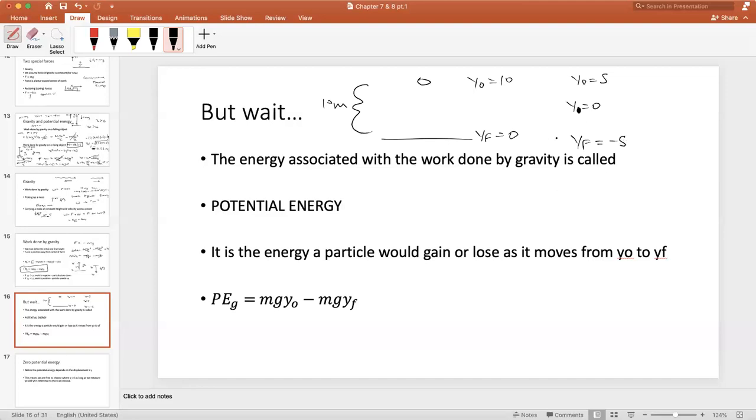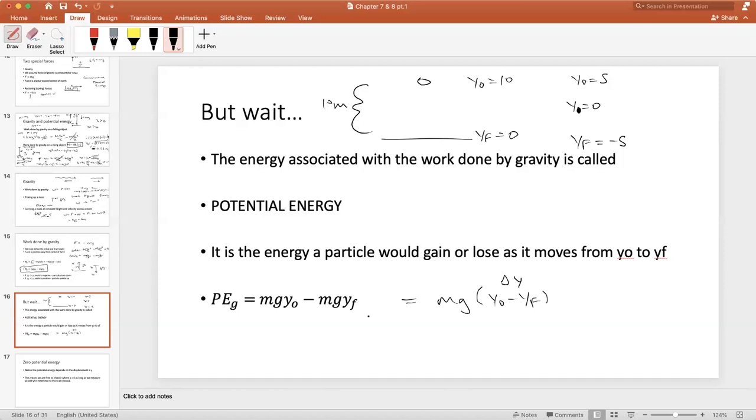It doesn't matter, because either way what we're going to get is mg times y initial minus y final. In the first instance that would be 10 minus 0, so mg times 10. In the second, we get 5 minus -5, or 10 again. So this is really just delta y of our potential energy.